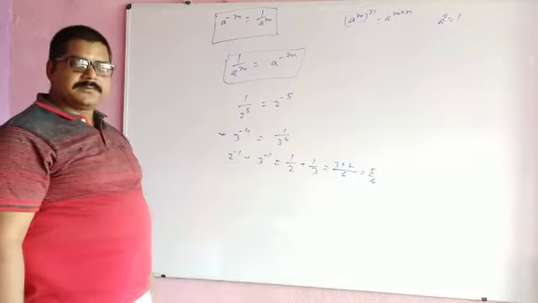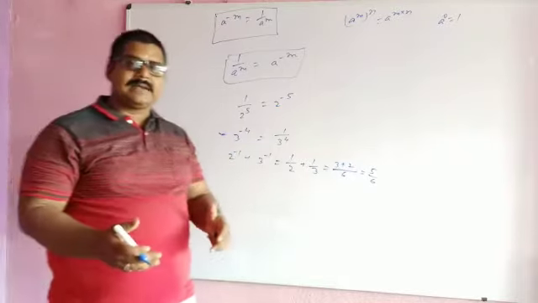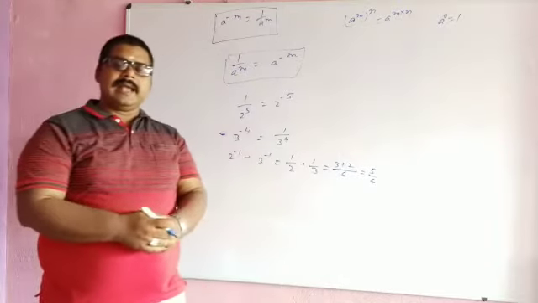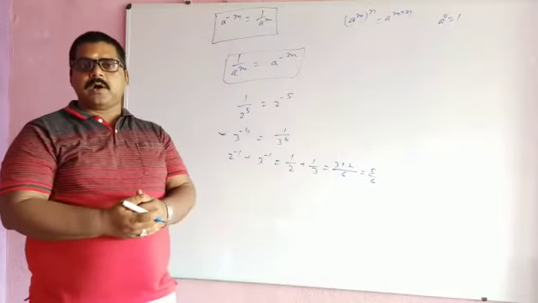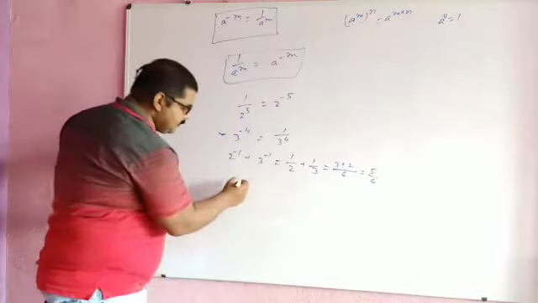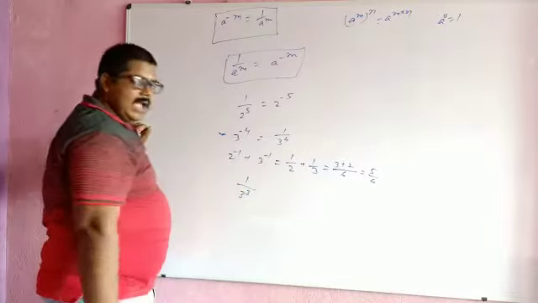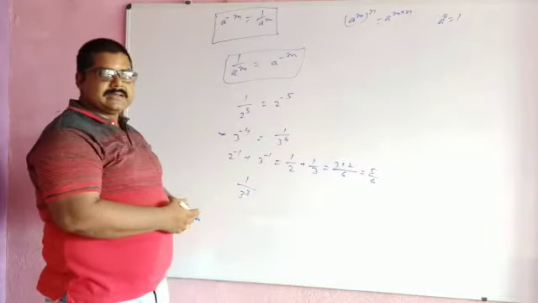Sometimes a question is given in this form: 1 upon 3 to the power 3, and you have to convert it into negative form.